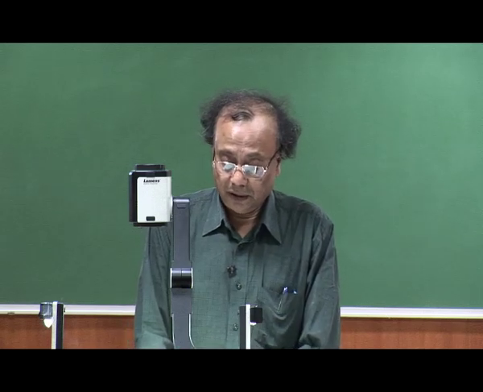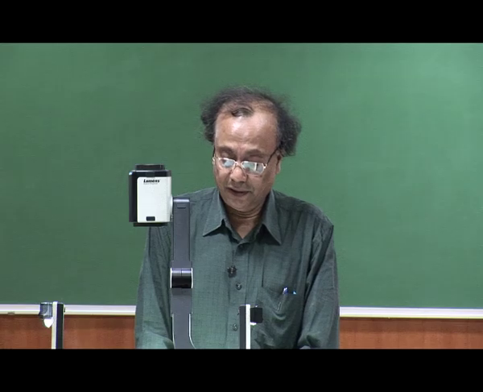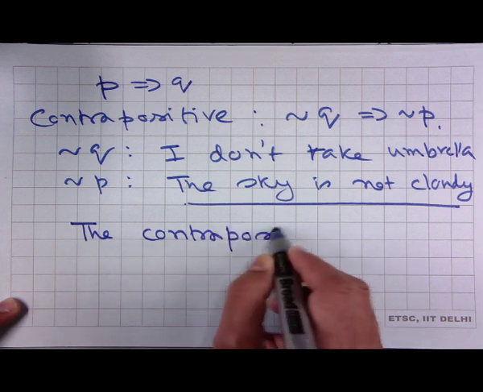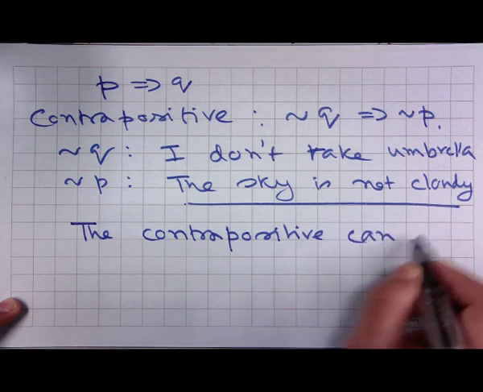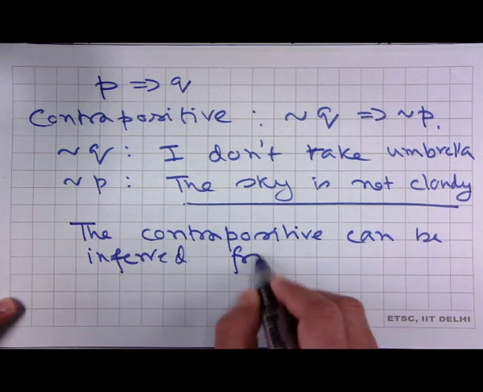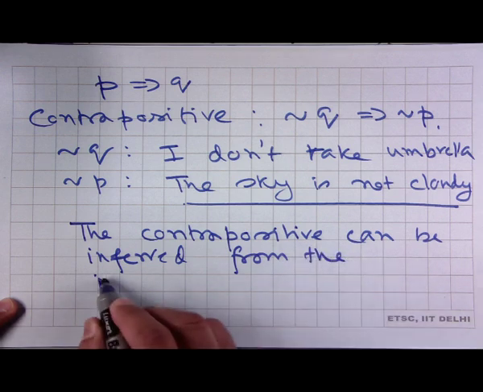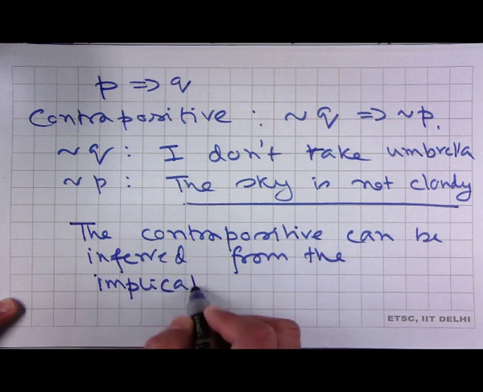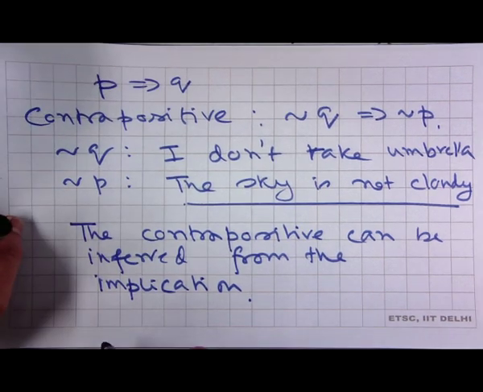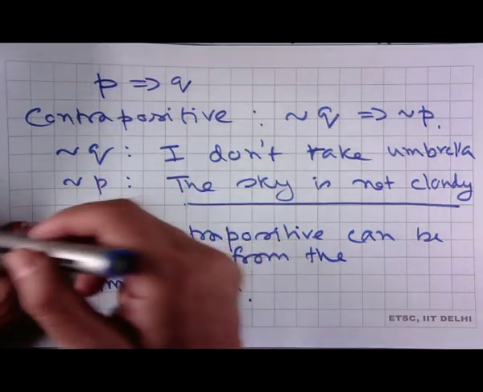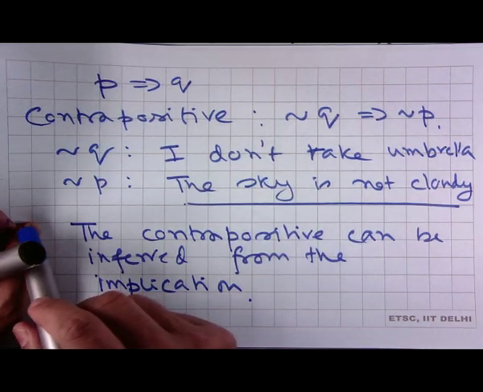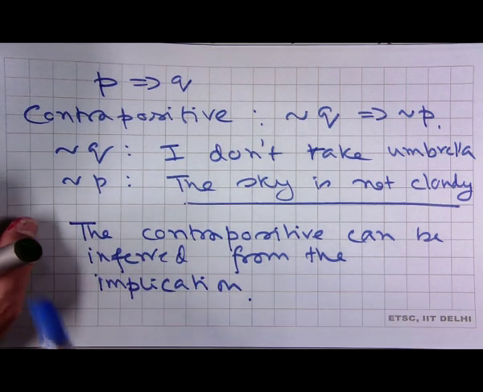So, the contrapositive can be inferred from the implication. This is a very interesting observation: if P implies Q is true, then not Q implies not P, or negation of Q implies negation of P.